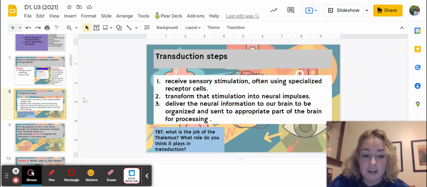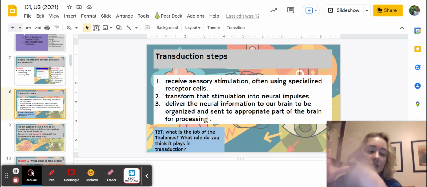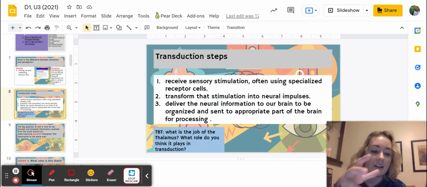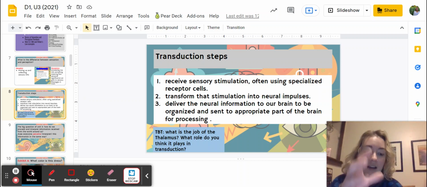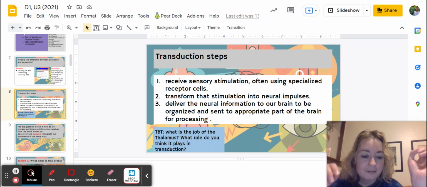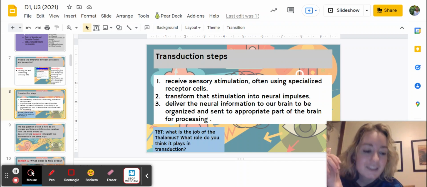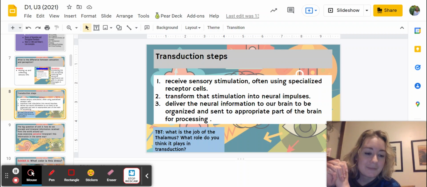So, like I said, transduction is a really important term. So let's go over the steps of how we take sensory information and convert it into neural impulses or brain language for our brain to process and interpret it. So, first off, you're going to receive the sensory stimulation, right? So we talk about the afferent neurons or sensory neurons.